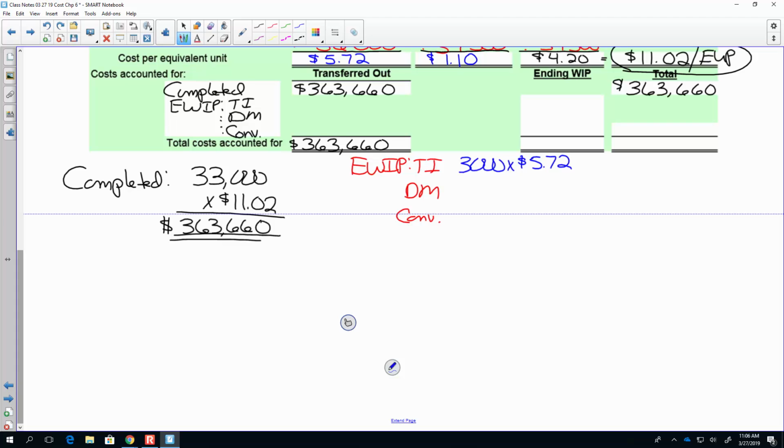Step 2 again. 1,500. Does everybody see where that 1,500 is? And what do I multiply that by? 1.10. The 1.10, very good. Conversion, what number do I have? 1,500 again, times 4.20. So this is why we have to multiply 3 different times. The equivalent units will change as well as the amount per unit.